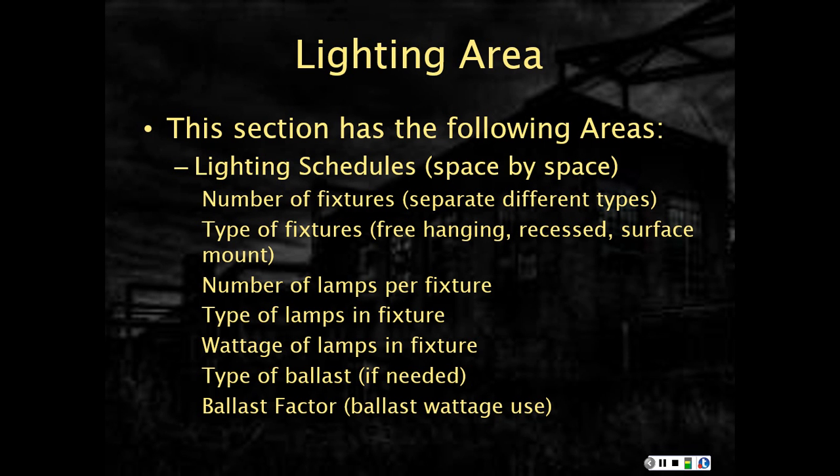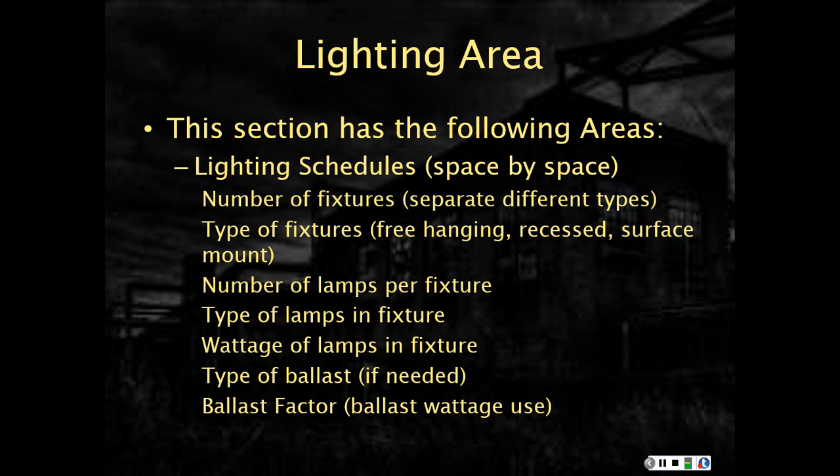Magnetic ballasts are the oldest form of ballast, followed by hybrid ballasts, which were only dealt with for a couple of years in the early 1990s, followed by electronic, which is the most widely used ballast currently, and then the ballast factor.